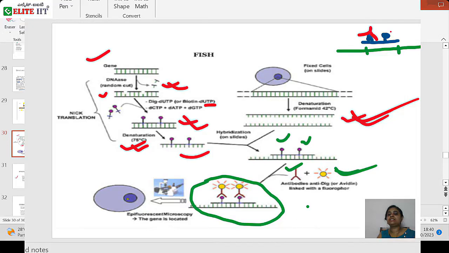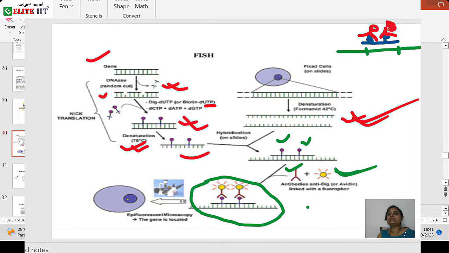With avidin there is a fluorescent compound; I am writing here that a red color fluorescent compound is attached. This is the complex we are visualizing through the microscope.